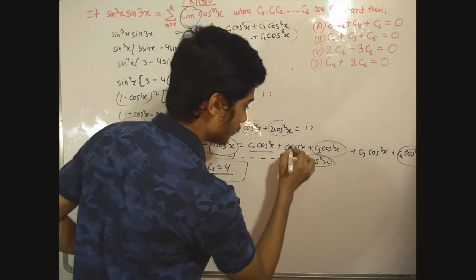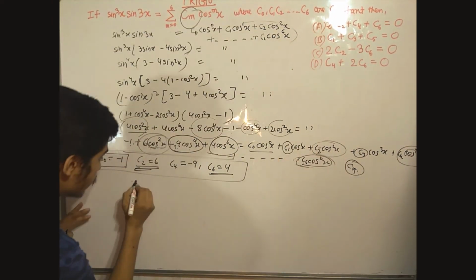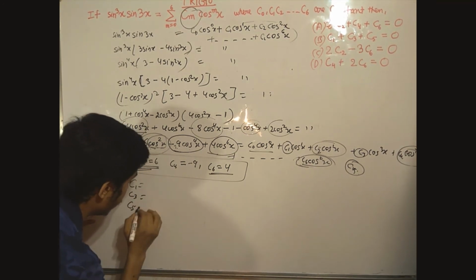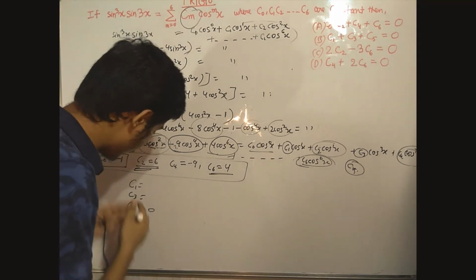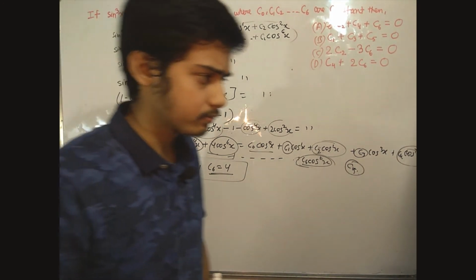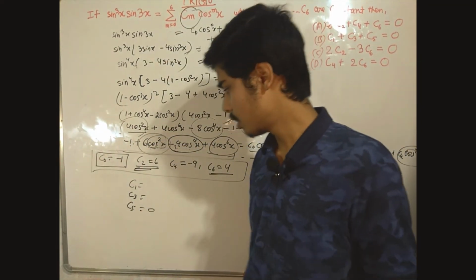Now the values of C1, C3 and C5 are also remaining. Now what is the value of C1, C3 and C5? It's a good question. What will be the values of these coefficients?